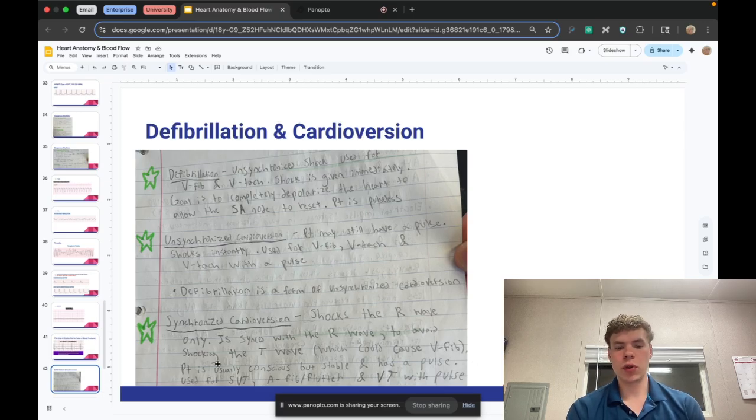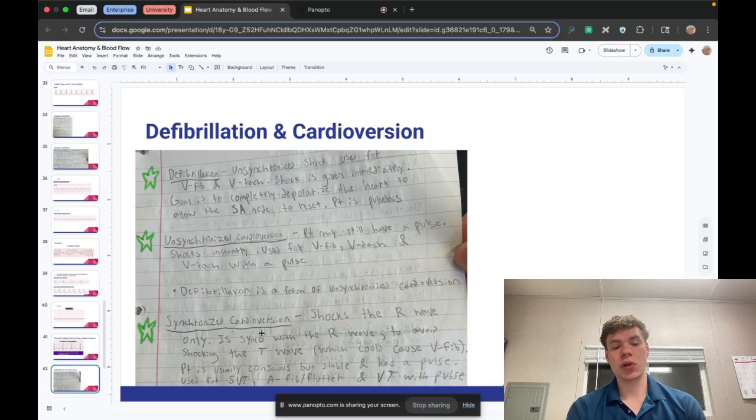So this could be used when the patient is conscious. This should say unstable, but unstable and has a pulse. Used for SVT, the really fast rhythm, we might need to slow it down. Or for AFib and AFlutter, if it's really fast and the patient is unstable. Or if someone is in VTAC and they have a pulse and they're conscious, which is rare, right?